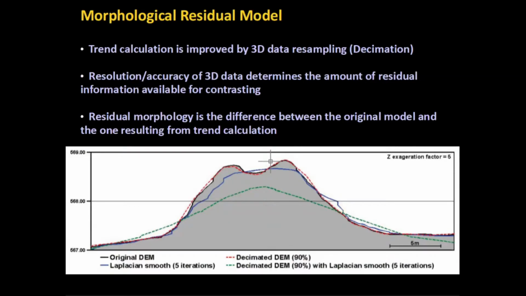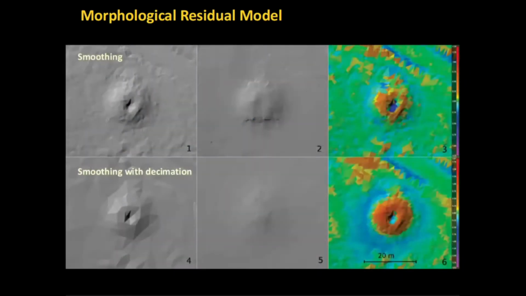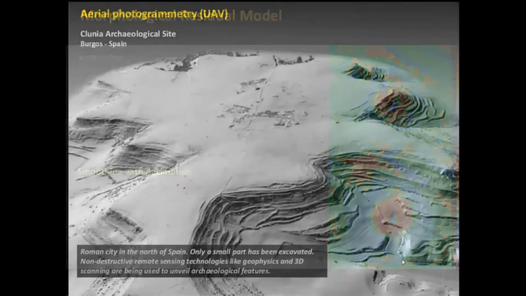And what we are trying to do here is to identify in an automatic way mounds in the Barbanza area. We use an algorithm, this morphological residual model, that using the 3D data can make contrast depictions of mounds, making them very visible and identifiable in the middle of all the morphology that is captured.